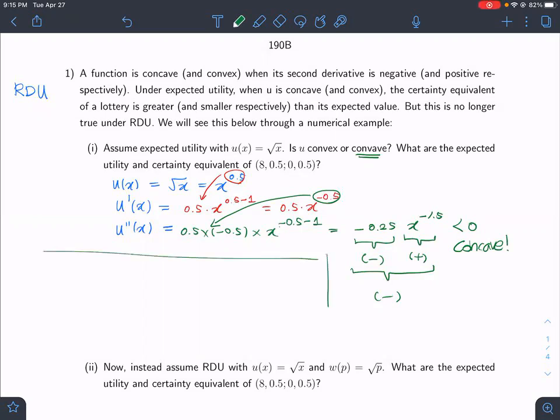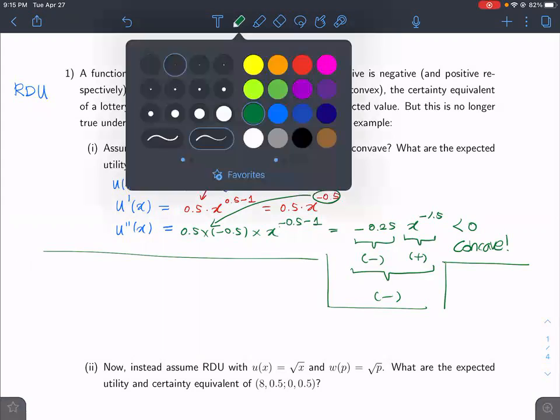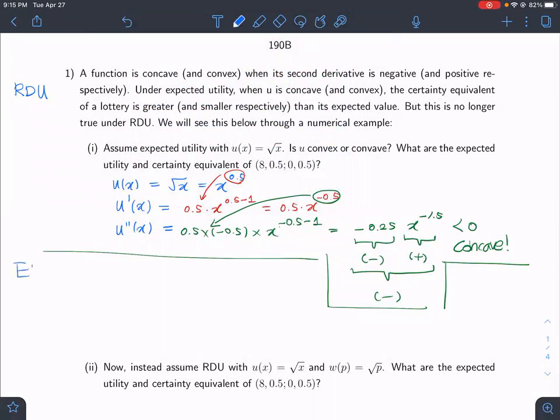And then let me separate the spaces. What are expected utility and certainty equivalent? So expected utility, let me go back to color blue. The expected utility of the lottery: outcome 8 with probability 0.5, outcome 0 with 50%.